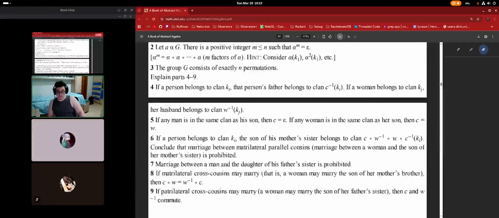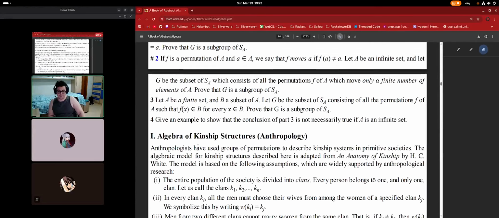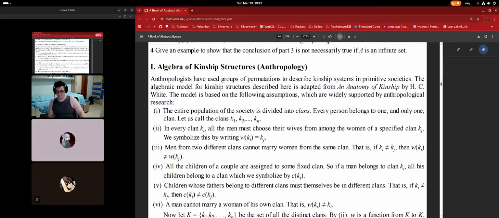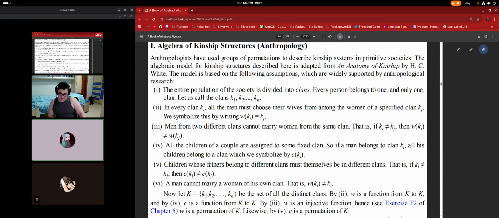And then finally, exercise I, which is kind of creepy. We are talking about a general framework of understanding anthropological research. So apparently that's how those anthropologists look at us.